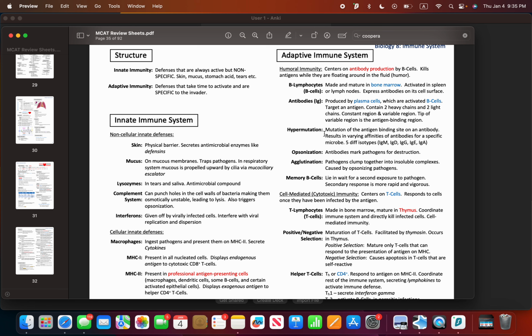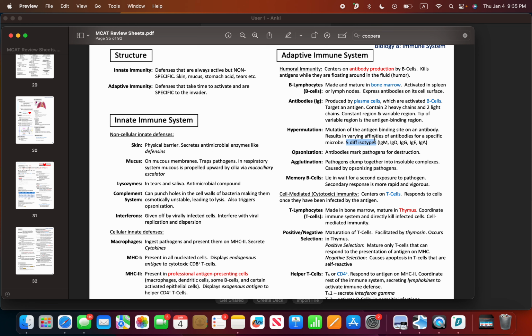So again, hypermutation is a mutation of the antigen binding site. So it's basically the tip of the variable region on the antibody. It results in varying affinities of antibodies for a specific microbe. So we have 5 different isotypes, IgA, IgE, IgD, IgG, and IgM, and the reason is that we have hypermutation.